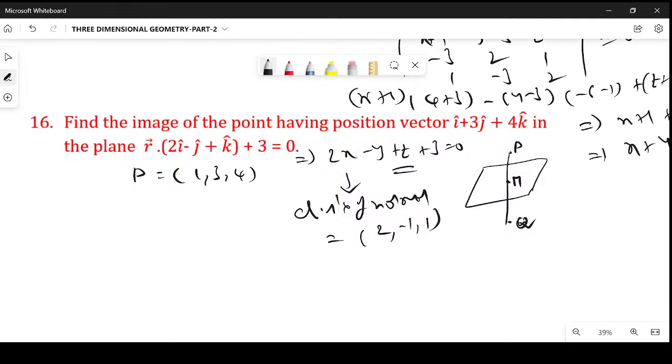Now I can write the equation of PQ, passing through P (1, 3, 4).